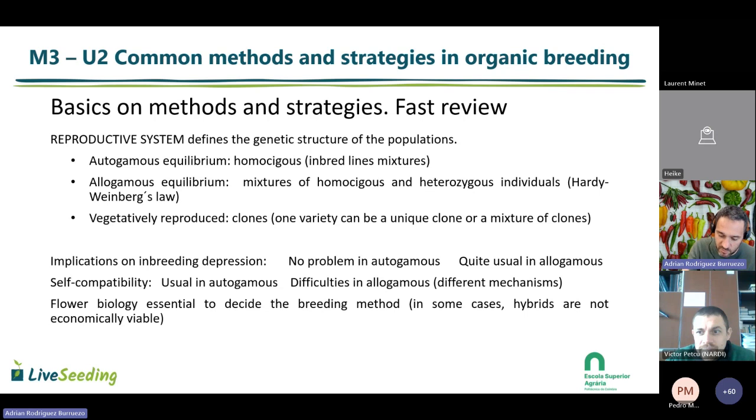Some genes are homozygous, and then they are inbred lines for these genes, while other genes are still heterozygous. So at the equilibrium of allogamous crops or species, what you should find usually is a mixture of everything, usually accomplishing the Hardy-Weinberg law.